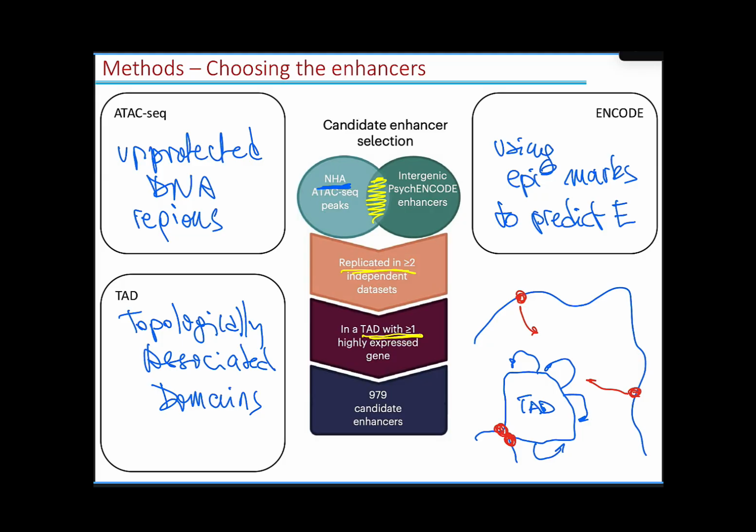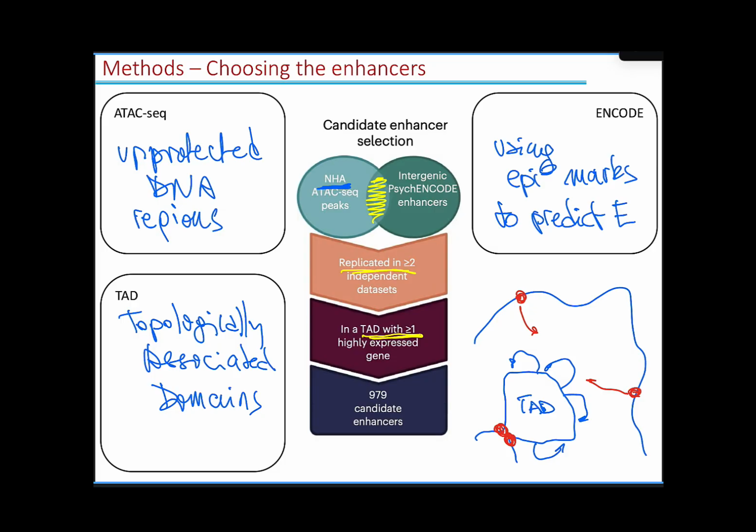So they said, we want our hypothetical enhancers to be accessible. That's what ATAC-seq said. We'd like them to be decorated with epigenetic marks that are consistent with them being enhancers. That's what ENCODE said. We'd like these putative enhancers to be in a TAD where at least one gene is highly expressed.